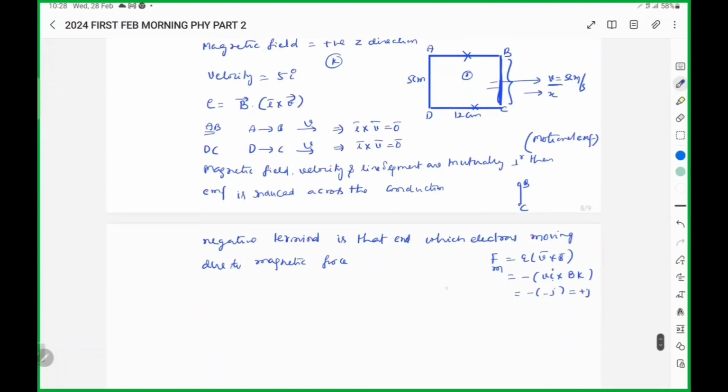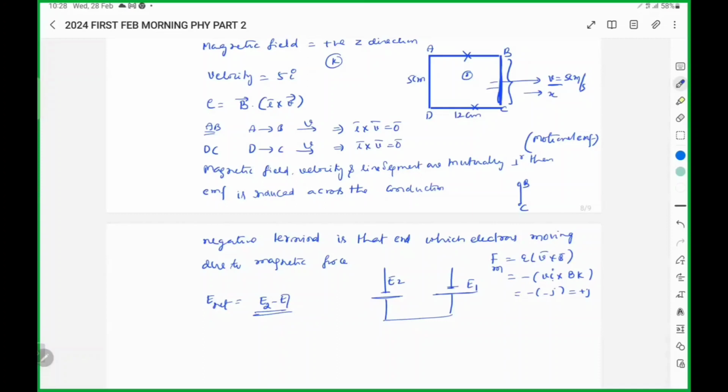That means negative terminal will be this side. Similarly for AD also negative terminal. Here EMF induced is E2, here EMF induced is E1. So both positive terminals are connected. So net EMF will be E2 minus E1.